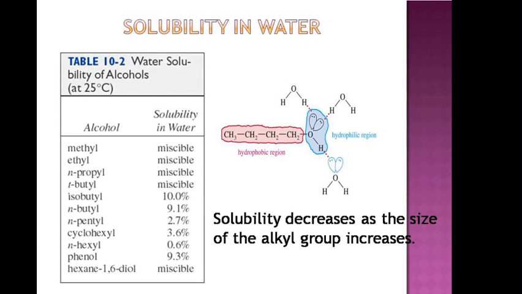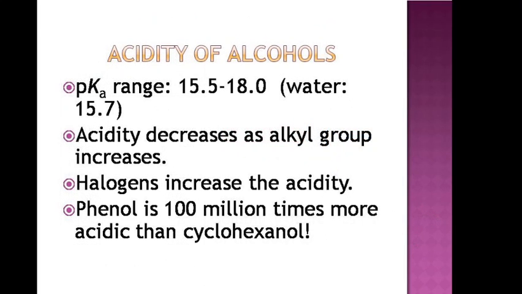Solubility in water: in this slide, I have shown that methyl, ethyl, n-propyl, n-butyl, tertiary butyl are miscible, but isobutyl, n-pentyl have low solubility in water because as the size of the alkyl group increases, the solubility decreases.